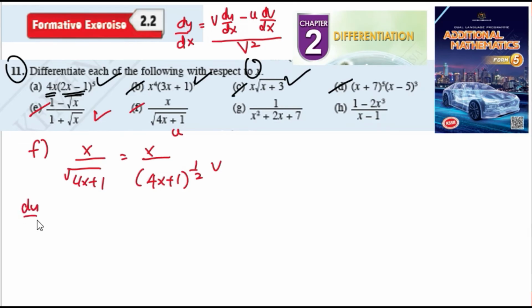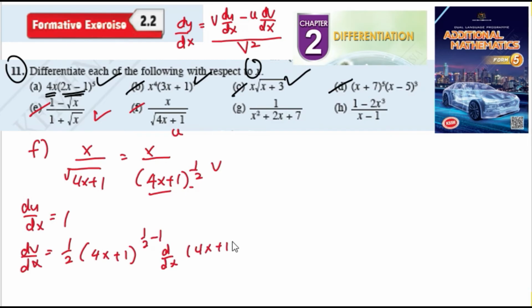So du over dx is equal to, so when you differentiate x, you get 1. So dv over dx is equal to, when you differentiate this one, the bracket with power, you bring the power forward, so half 4x plus 1, and then you minus the power with 1, so half minus 1. After that, you differentiate inside the bracket.